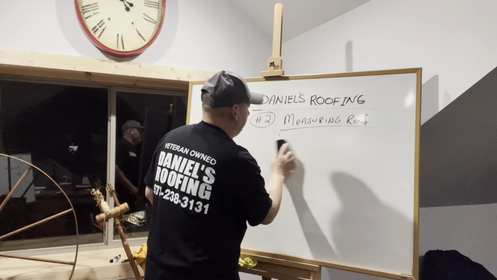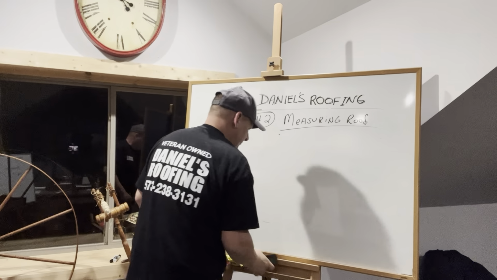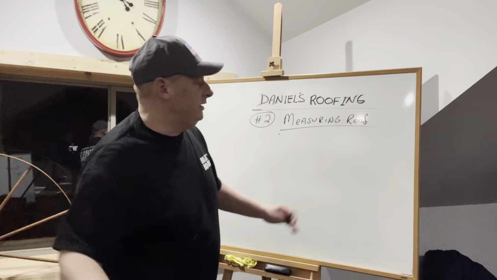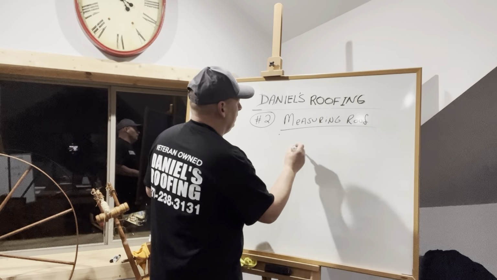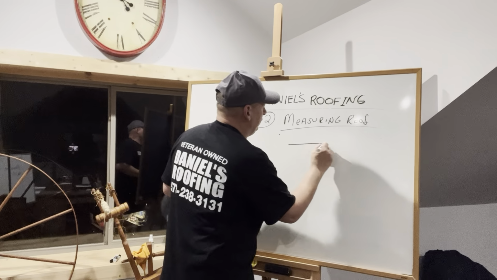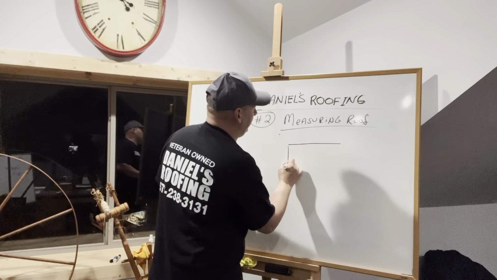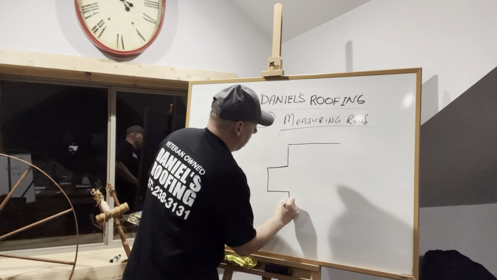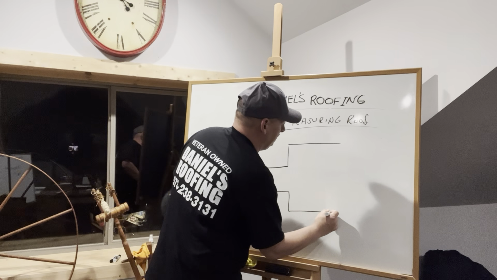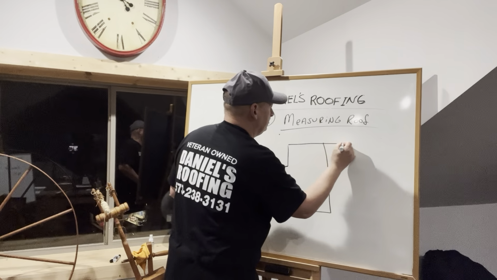Okay, so let's pretend we're measuring a roof. Let's make a roof that's not too difficult. We're going to draw an outline of a roof, kind of like if you were in kindergarten.